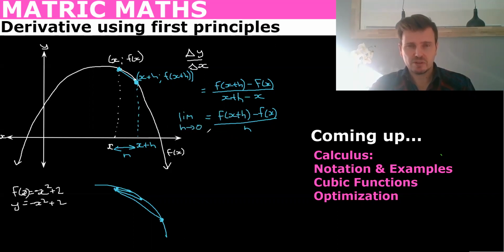In other words, we'll make h 0 and we'll figure out what the slope is at that instantaneous point. And that is first principles. Now, it doesn't work straight away, because if we just plug in 0 into our h, we're going to divide by 0 and get an undefined answer. But we've got the basis of how we're going to now solve this.